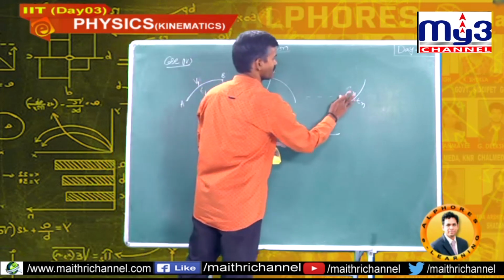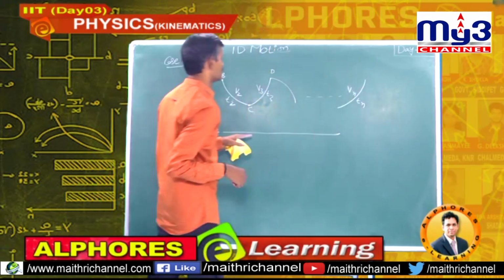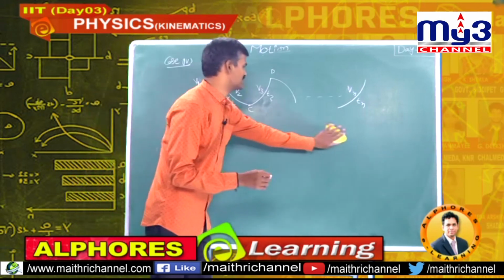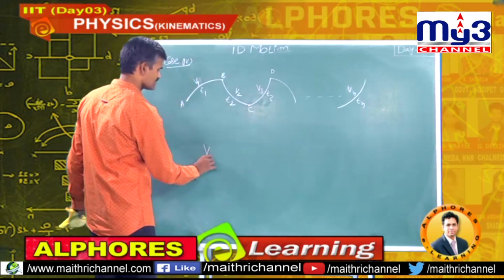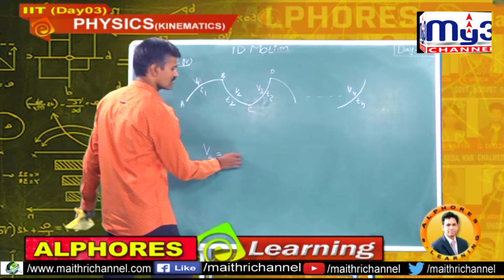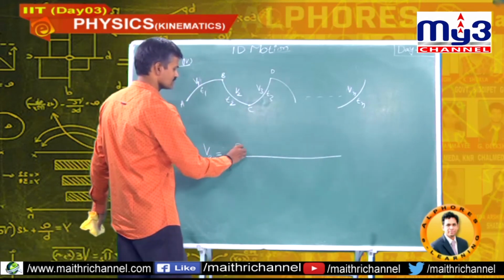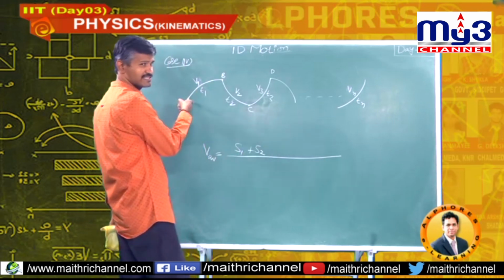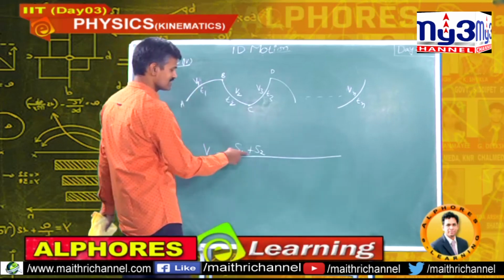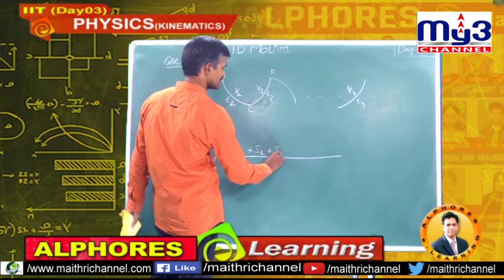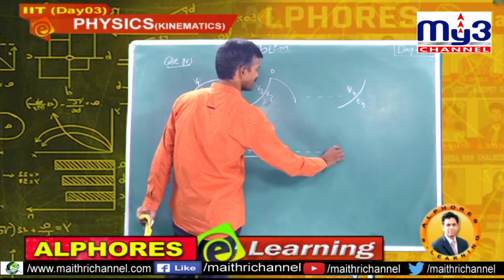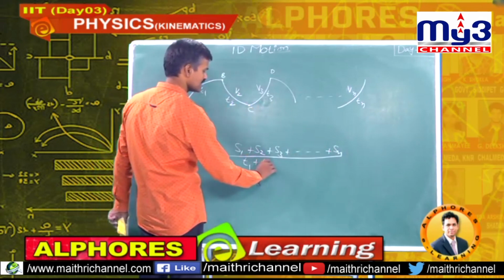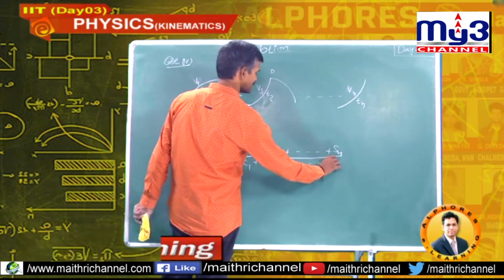The total distance is S1 plus S2 plus S3 plus and so on plus Sn. The corresponding times taken are T1 plus T2 plus and so on plus Tn.